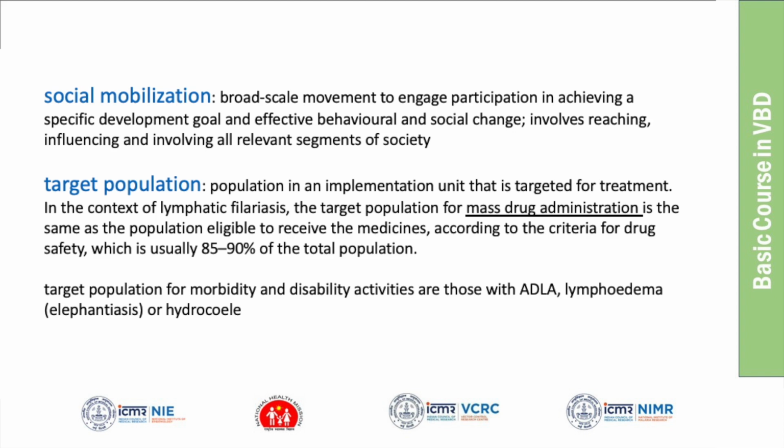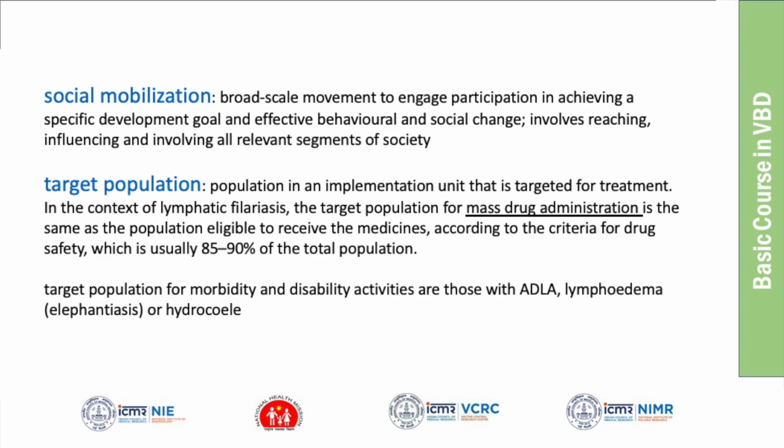Then target population. There will be a small confusion here. We say entire population, but in the strict sense it is not the absolute population, it is only the population we are really aiming for, because some people like infants, young children, the chronically ill and pregnant ladies are omitted from the mass drug administration.